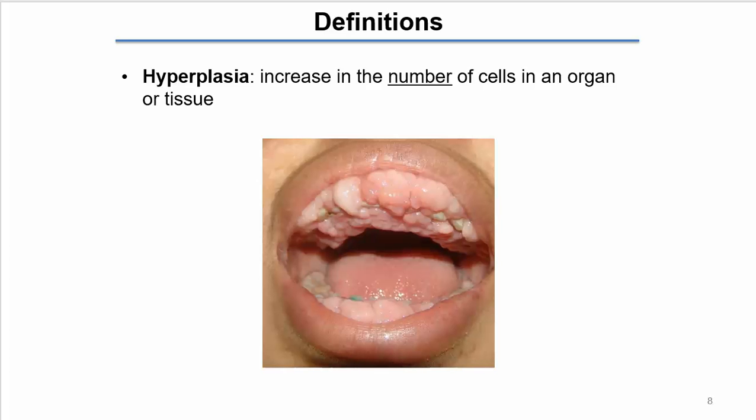Now, an example of pathological hyperplasia would be increased adrenal gland size due to increased ACTH, adrenocorticotropic hormone. This could be caused by a paraneoplastic syndrome.